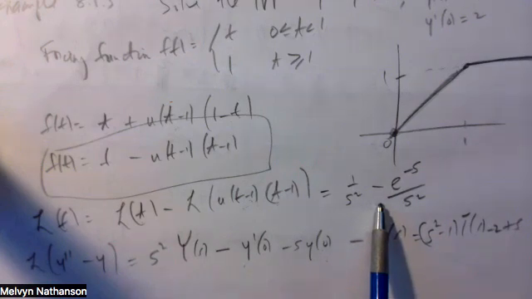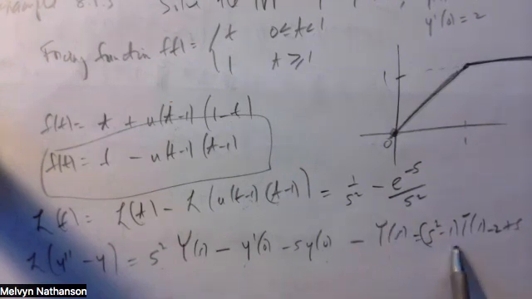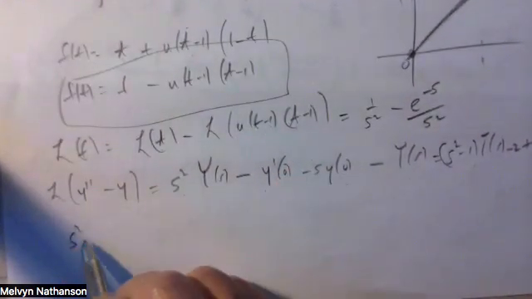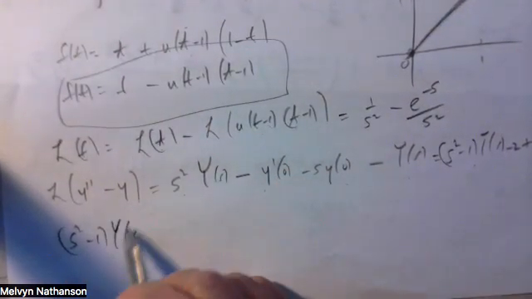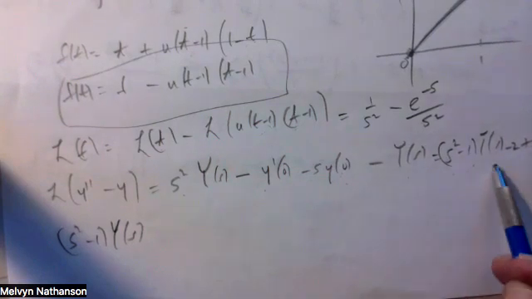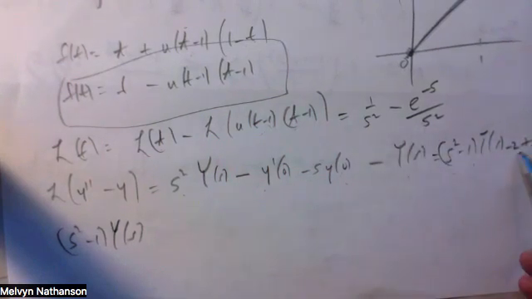So s squared minus 1 Y of s, bring everything else over to the other side of the equation.